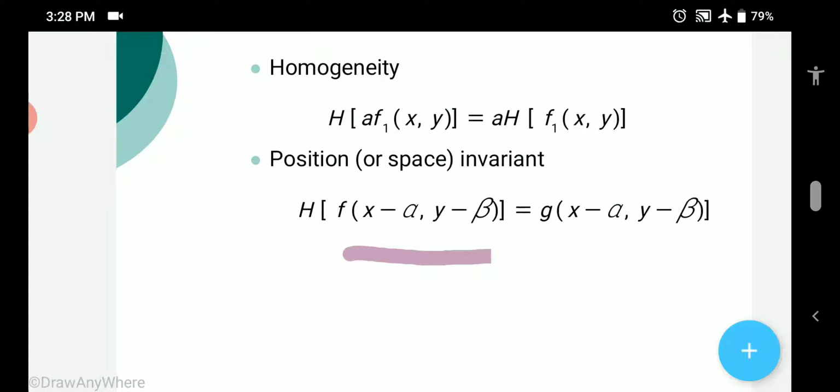This definition indicates that the response at any position in the image depends only on the value of the input at that point, not on its position.